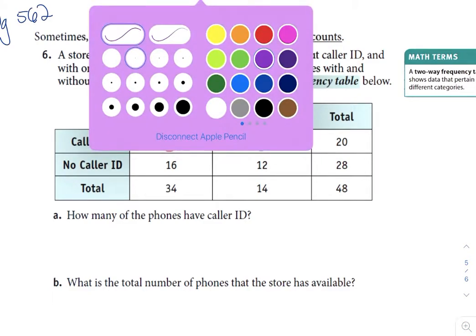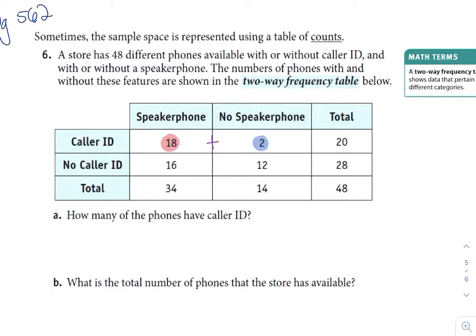What this does is add them together: 18 with caller ID and speakerphone plus 2 with caller ID and no speakerphone, so there's a total of 20 phones that have caller ID. So they add the totals going across. The total caller ID is 20, the total non-caller ID is 28, and you add those two together for a total of 48 phones.